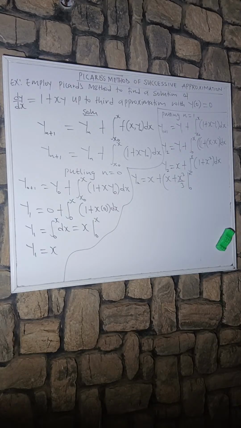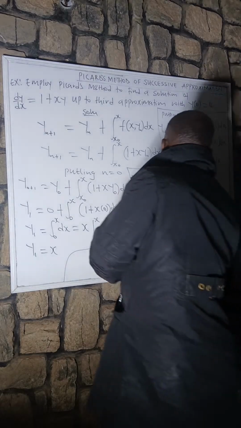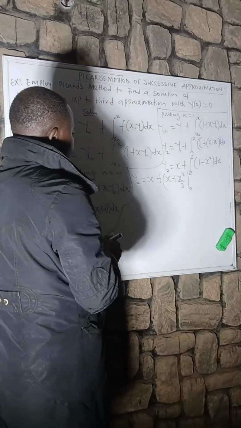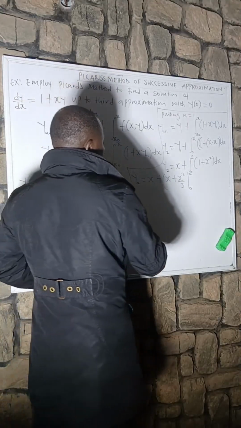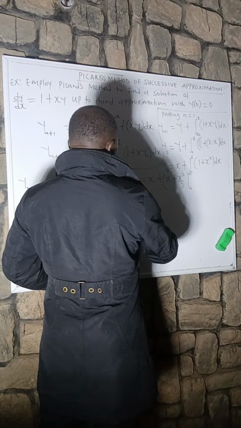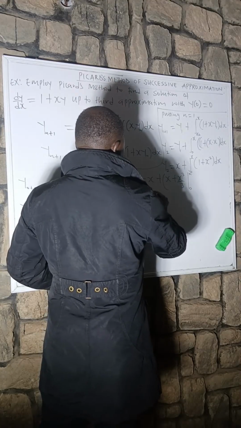True or false? Look at the board very well. Am I right? Okay. So let's proceed. So if I'm right, it means here we are going to have y subscript 2 is equals to x.